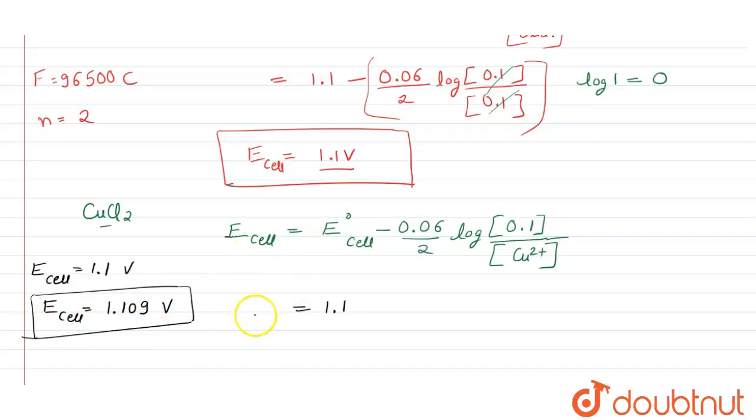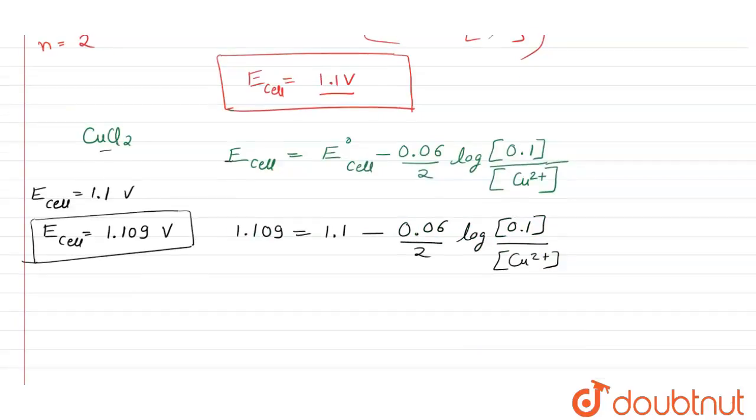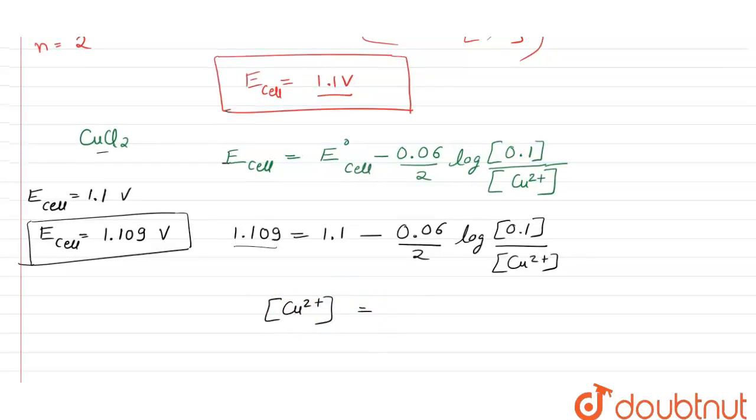So now put this value in the EMF of the cell, that will give us 1.109 minus 0.06 divided by 2, then log of 0.1 divided by the concentration of the copper 2+ ion. So let's calculate the value for the copper 2+ ion. After calculation we get the value 0.2 molar. That is the concentration of copper 2+ ions here.